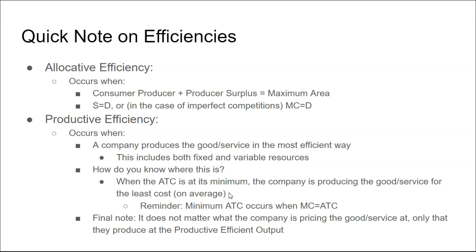So if we're at the minimum ATC, that means we are at the minimum average cost of producing that that company has with its current fixed resources. Final note, it doesn't matter if my price is equal to my ATC, only that I'm producing at the output associated with the minimum ATC.